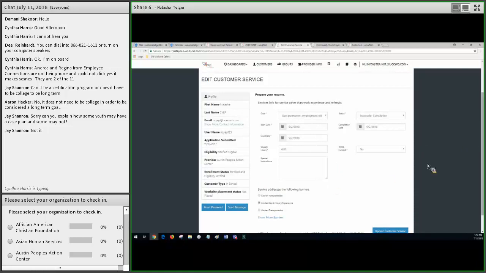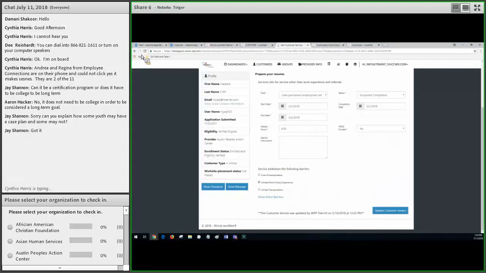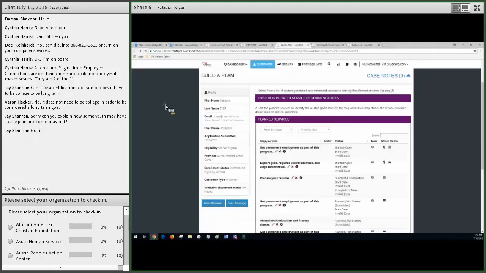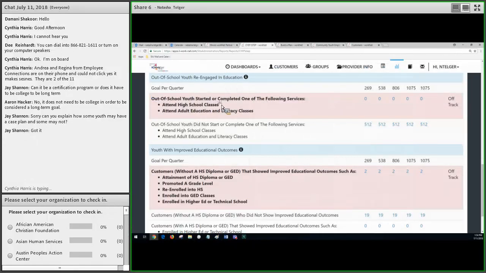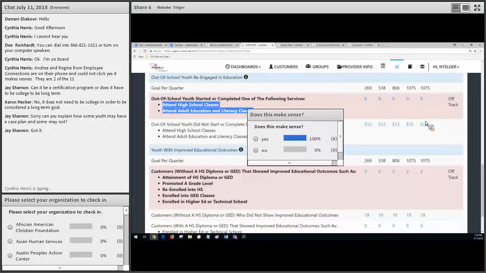For this program, you're going to say, no, it's not WIOA funded, and then you can identify any barriers that would address for that individual. So that's what we mean by out-of-school youth who have started or completed one of the following services.